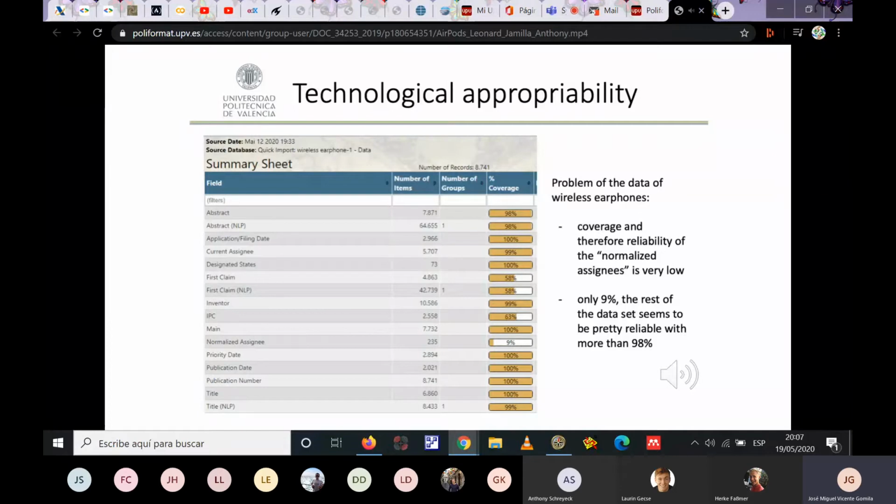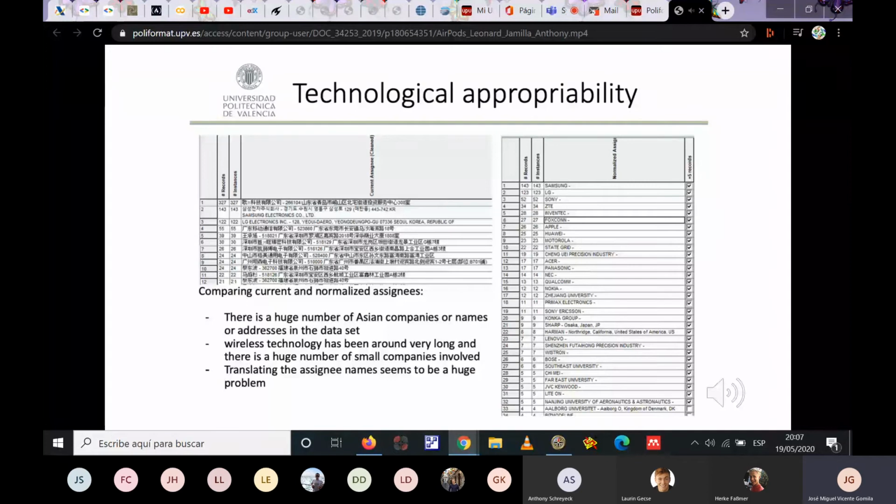To get started in the analysis, we decided to see why the current assignees are much higher than the normalized ones. And as you can see in those two different tables, the current assignees are basically Chinese companies. This may be because of the involvement of the Asian companies in wireless headphones, which have been around for a very, very long time.